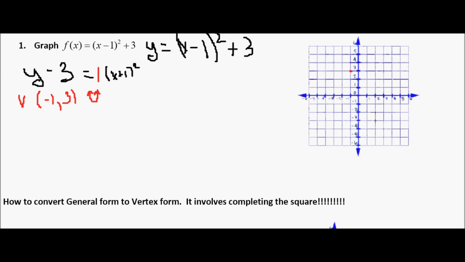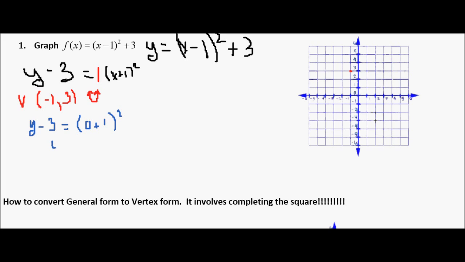So let's now find the y-intercept. If you remember correctly, for the y-intercept, we plug in 0 for x. So I'll have y minus 3 equals 0 plus 1 squared.